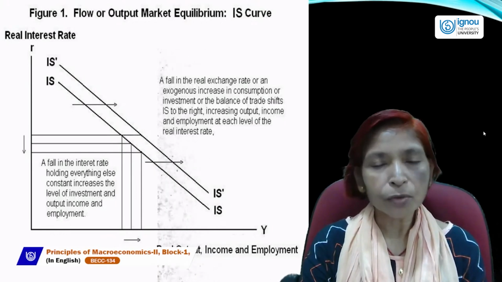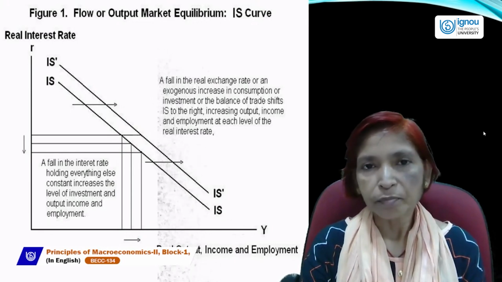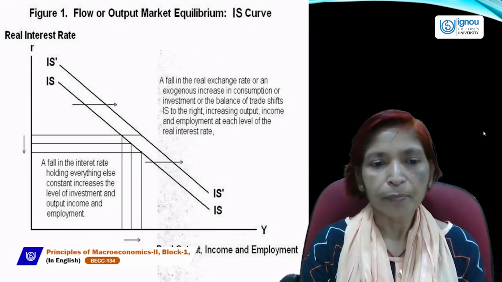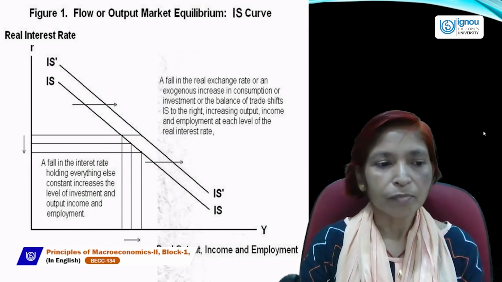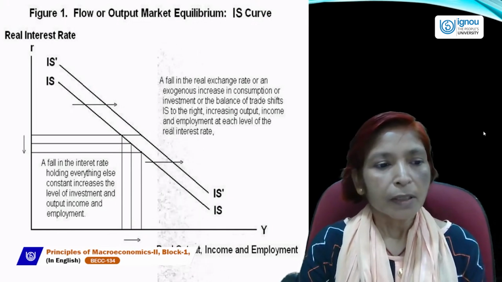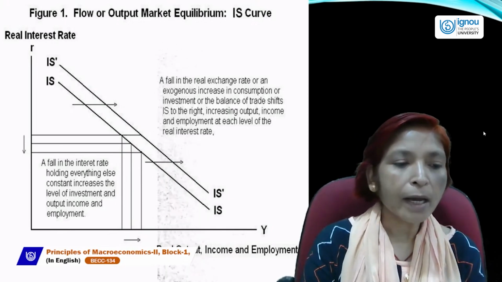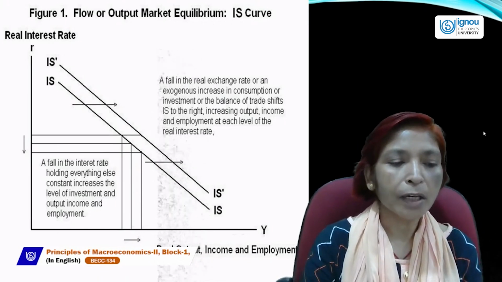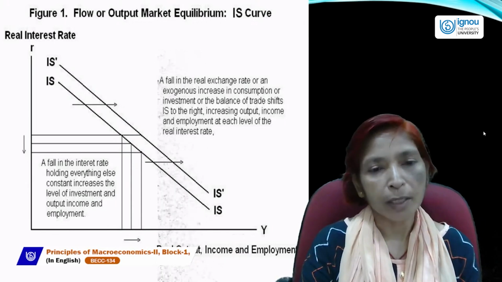When IS shifts to the right, then output will increase. Income and employment will also increase at each level of the interest rate. And if there is a fall in interest rate, holding everything else constant, it increases the level of investment, output, income and employment.